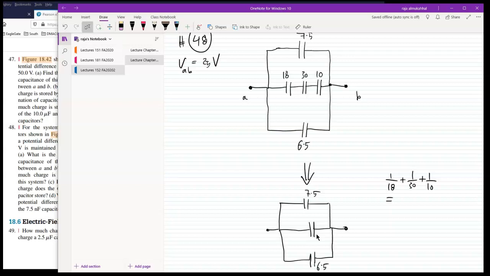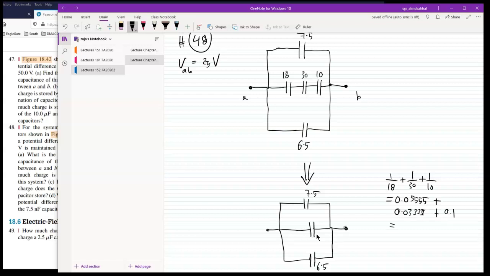So 1 divided by 18 is 0.05555, plus 1 divided by 30 is 0.03333, and then 1 over 10 is basically 0.1.